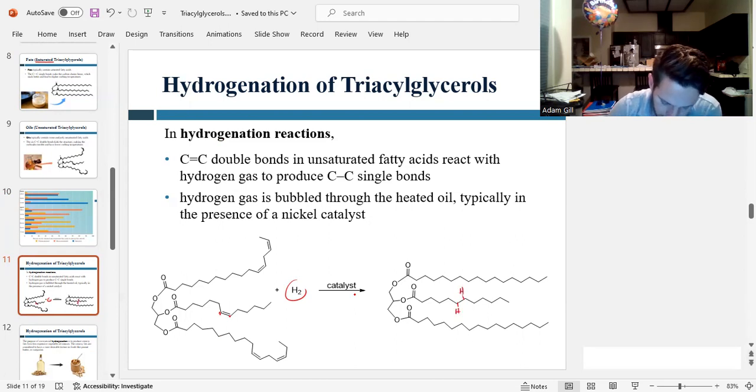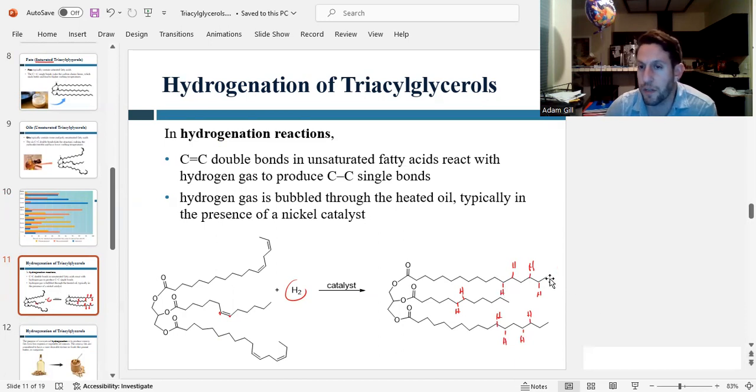And in doing so, the double bond became a single bond, right? And so we added hydrogens into the tail, and the double bonds became single bonds. And so we took our unsaturated oil and turned it into a saturated fat.